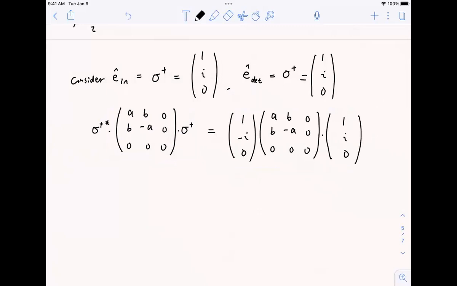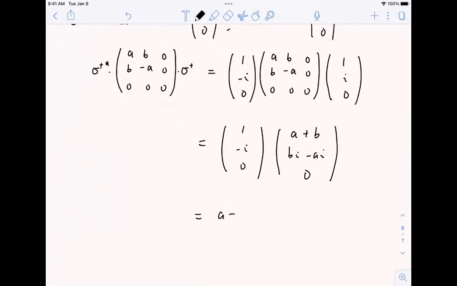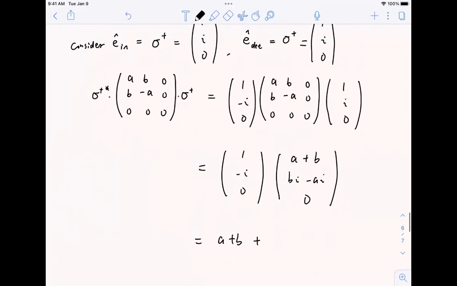Then let's get the answer. So this will be a plus b i, b i minus a i, and then a plus b plus this one times this. Minus the minus. Should be a plus i. Yeah, you're right. Thank you for the correction.